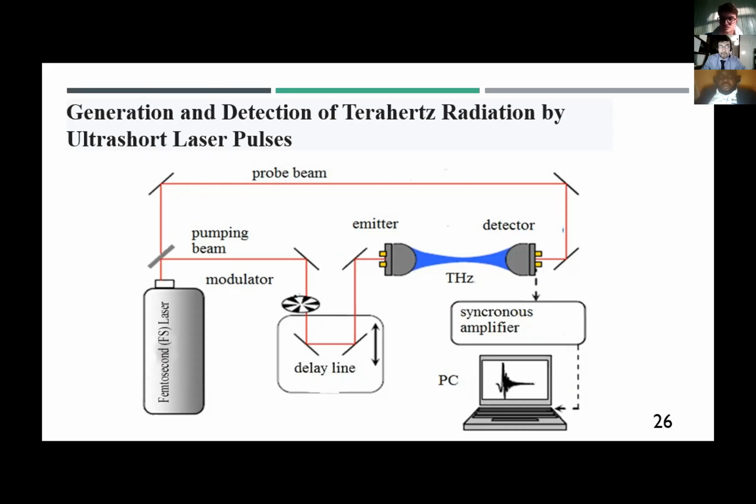By introducing a time delay of the probe pulse relative to the pump pulse, you can select the relative time of arrival in the detector of the probe and terahertz pulses and detect different parts of the pulse with a time resolution corresponding to the duration of the probe pulse. Scanning the time delay interval using a mechanical delay line, it is possible to obtain a waveform oscillogram of the terahertz pulse. To extract spectral information, apply the Fourier transform to the waveform. To increase the sensitivity of the circuit, the pump beam is modulated using a mechanical chopper, and the terahertz pulse-induced modulation of the probe beam is detected by a synchronous amplifier.